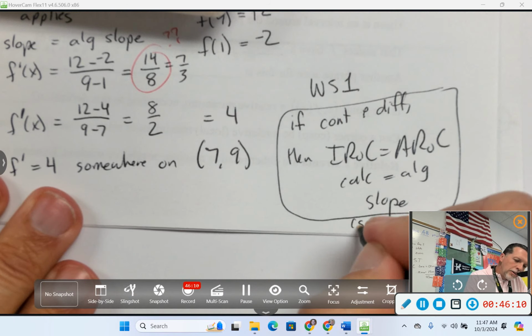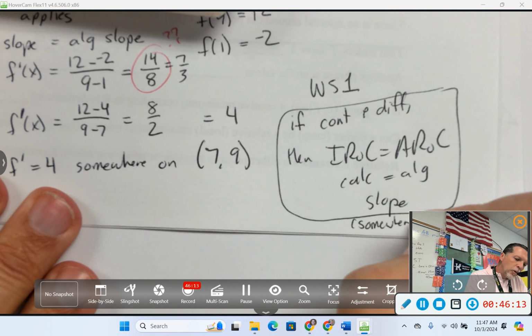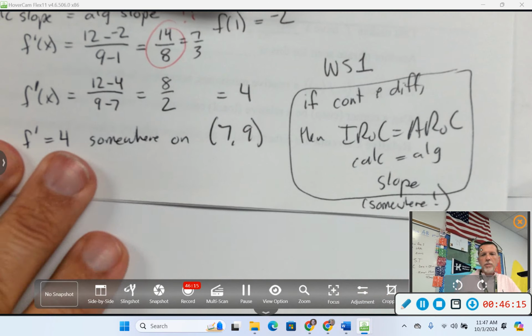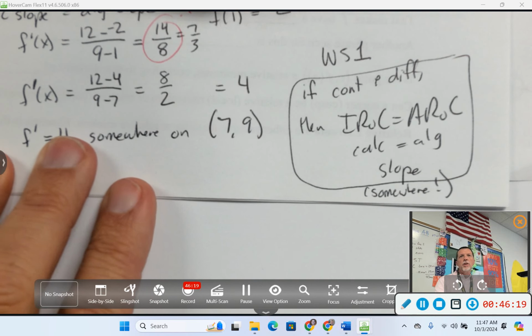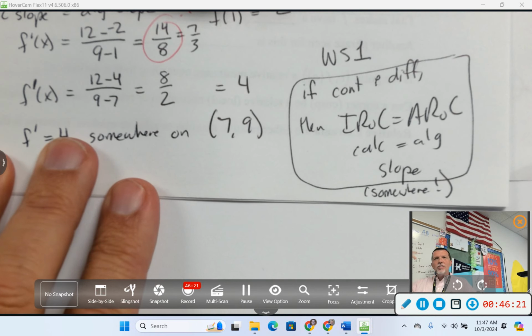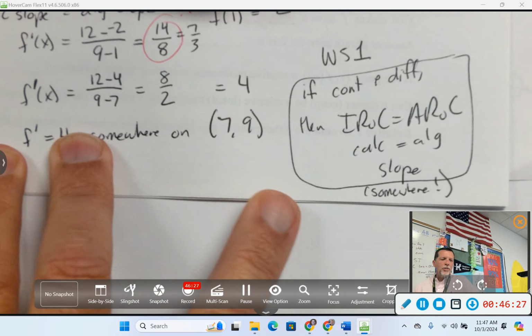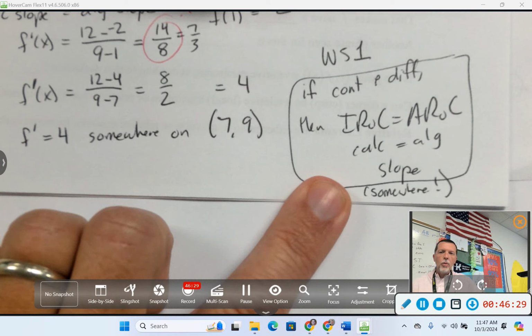But you know what? We always leave off the word somewhere, and that's important because that's usually the whole point of the problem, is figuring out where does that happen. Check the two conditions. Is it continuous? Is it differentiable? If it's not, you like those problems because then you're just done. If it is, which will be most of them, then you have to figure out where that happens.